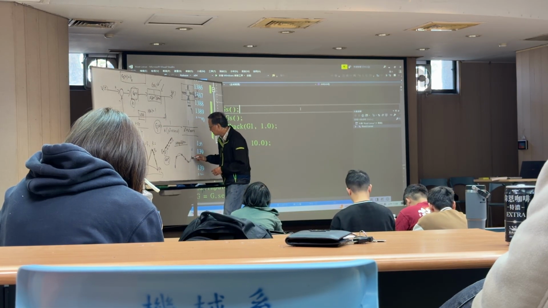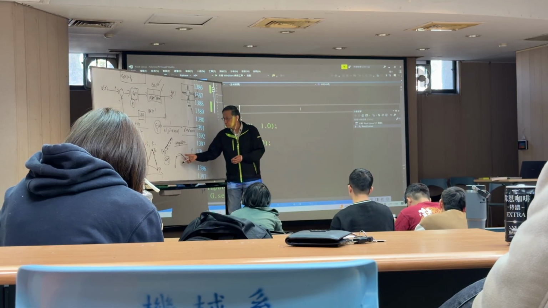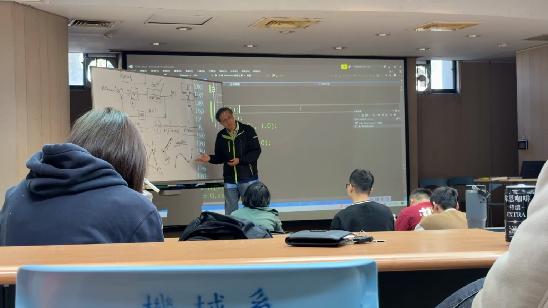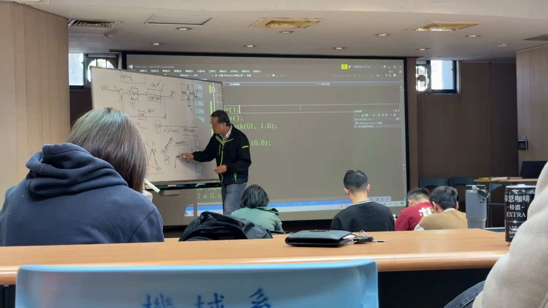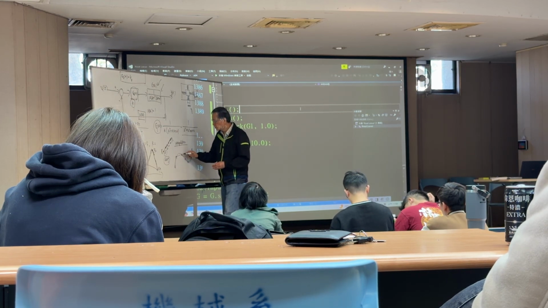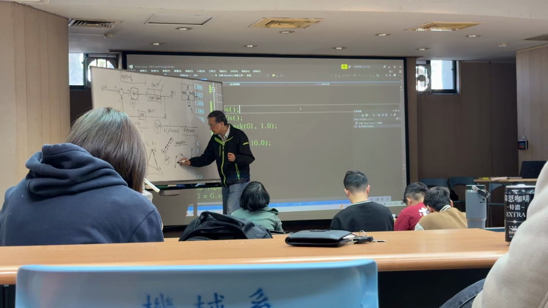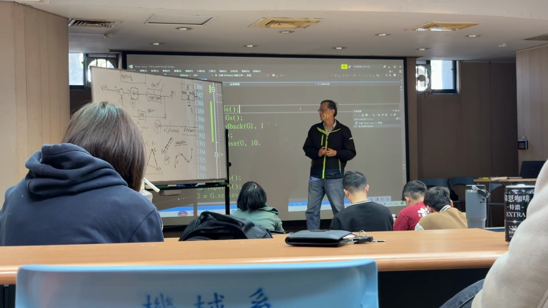When you make these lines very, very small, you can approximate your curve. Every time you move from one point to another, there is a so-called delta t time. Delta t is what we call sampling time.